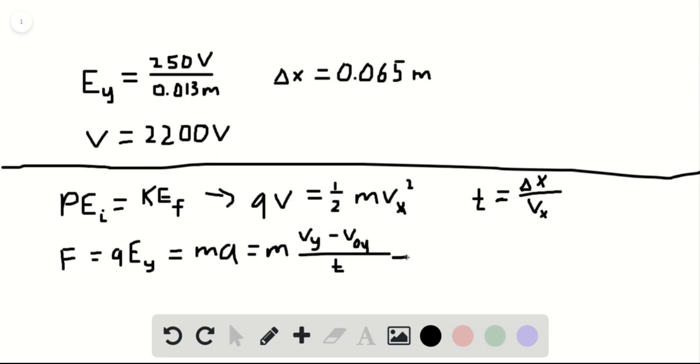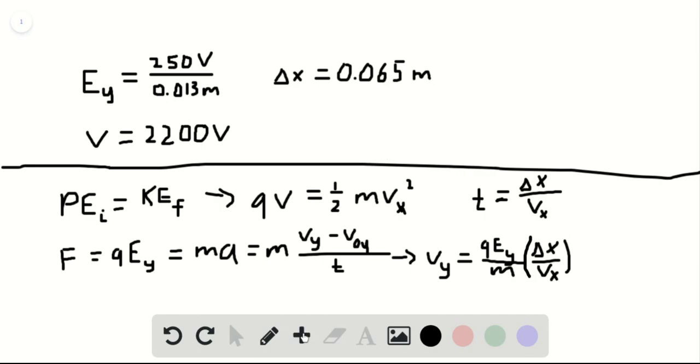So solving for V sub y, we find that this is equal to the charge Q times E sub y divided by the mass, then multiplied by the time. But the time is delta x divided by V sub x. So I just replace time with delta x over V sub x.